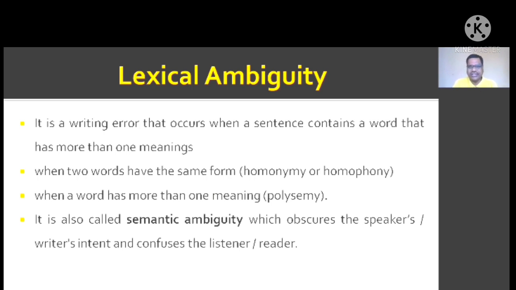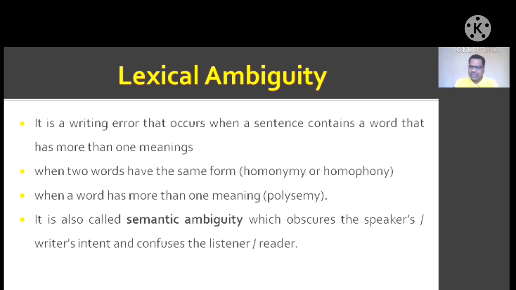I don't know whether it is intentionally done or it happens in the course of writing or speaking, but that occurs when a sentence contains a word that has multiple meanings, that has more than one meaning.